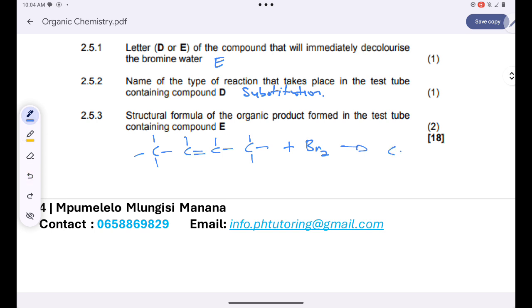I'll show you how. You just have a saturated compound like this. Let me indicate these ones in red, just to show you we've separated that bond over there to form a dibromo. So this would be the organic compound formed in the test tube of compound E, and the IUPAC name would be 2,3-dibromobutane.